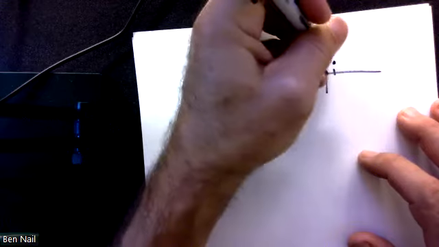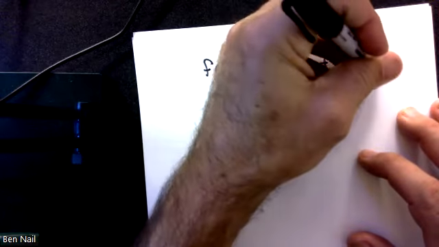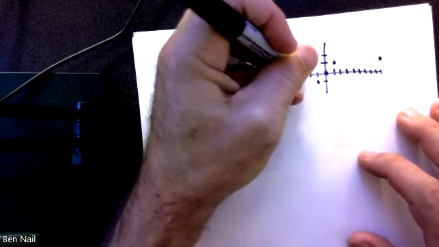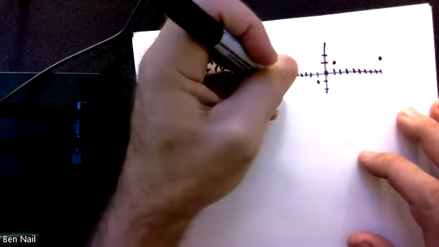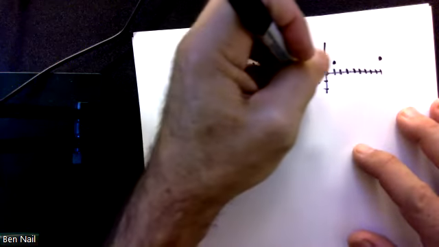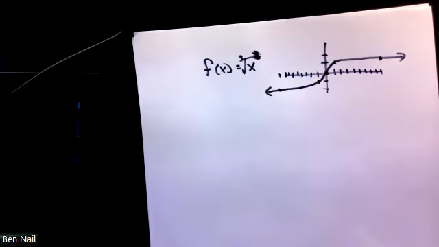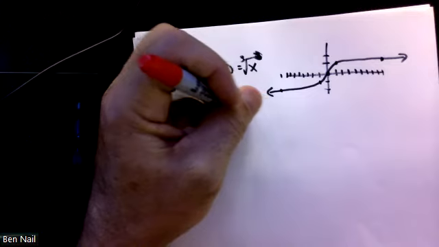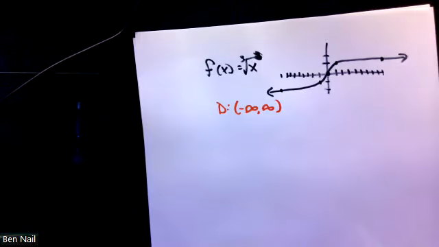So a cube root function looks more like that. So the domain of a cube root, because we don't have any limiters, we can do cube roots of negatives. The domain for this particular function is all real numbers.